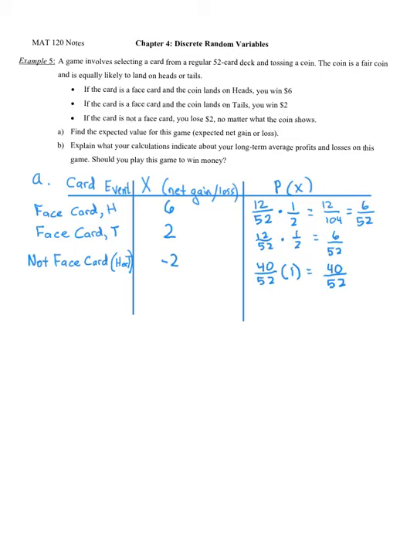Now, let's go ahead and find our expected value. We are going to take our net gain, multiply it by the probability, and then add it to each of these products.